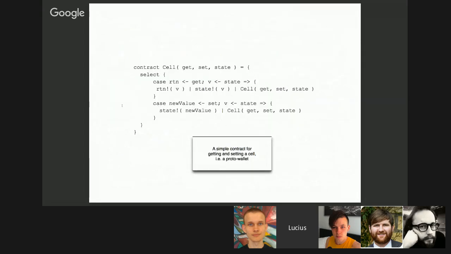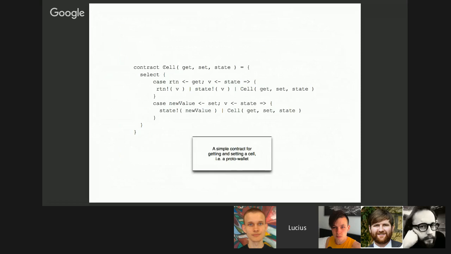I sent around some draft notes about a contract language that's based on this. I just wanted to give a tiny example of what it would be like to program in a language based on that calculus. So here's a simple contract for getting and setting a cell. Basically, it's like a proto wallet.